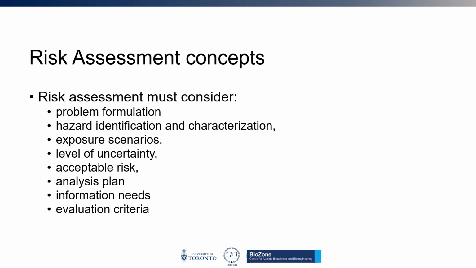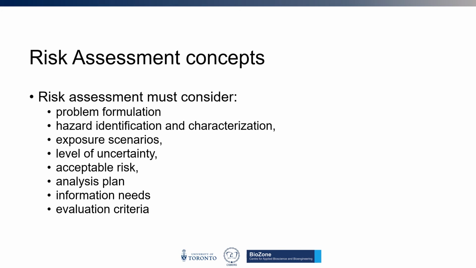Hazard identification and characterization is more about the actual technology in terms of how it is, as a chemical entity or a biological entity, harmful to humans or to the environment, and what kind of characterization you need to do on it to be able to define the level of hazard that entity, that technology has intrinsically and in its finished product form.